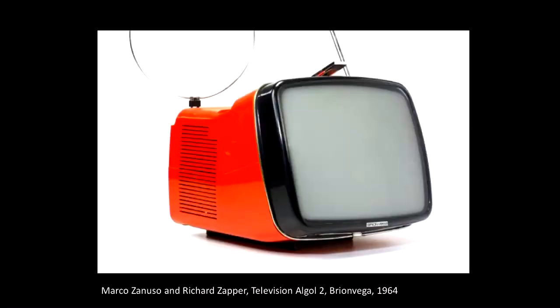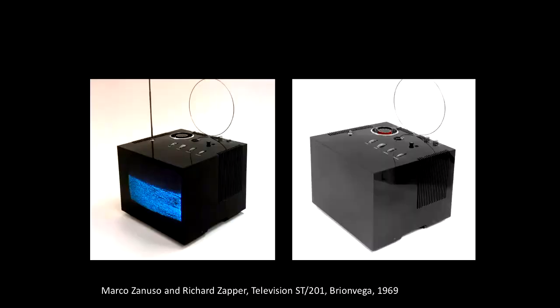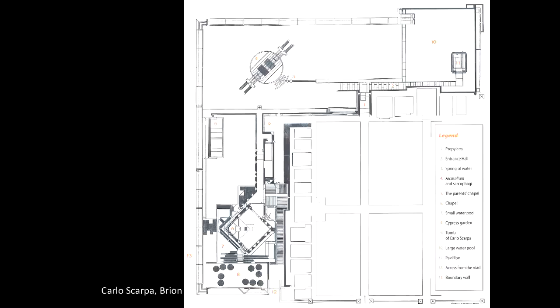Here's this wonderful red television, and here's another one that's just a perfect square black cube for early TV, 1969. So design was very important for them. So they got one of Italy's most noted architects to design the family tomb and sanctuary.